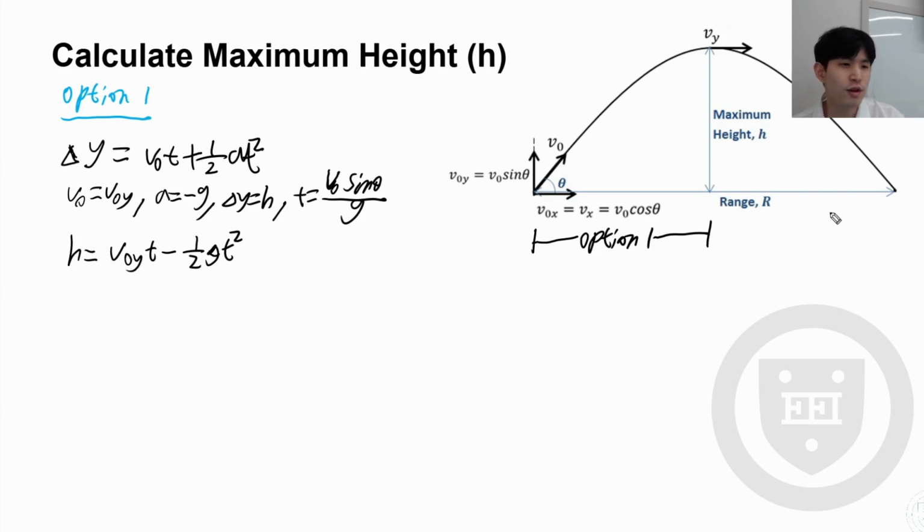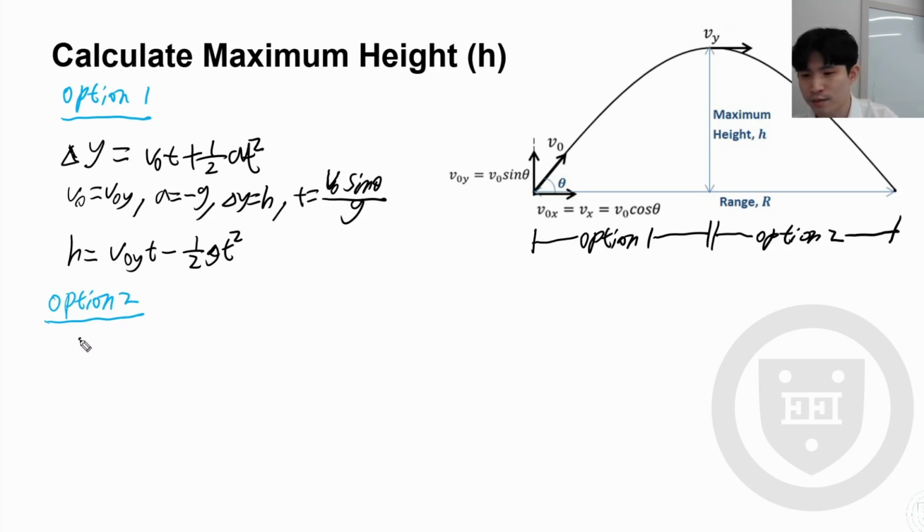So option 2 is calculating maximum height using this portion of the projectile. Of course, the big 5 equation is the same.